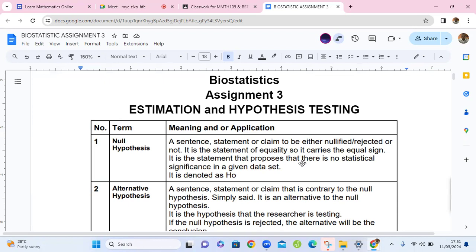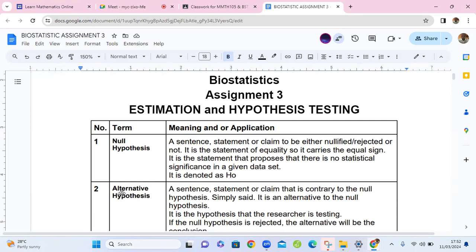So the null always carries the equal sign. It is a statement that proposes that there is no statistical significance in a given data set. Now, the symbol for it is H0. So from now on, when you see H0, you have to say null hypothesis.